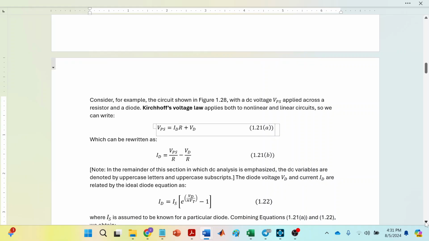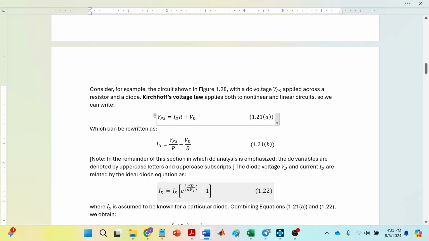So we already know the IV characteristics of a diode. The ideal IV characteristics of a diode is given by this equation, which we talked about in the last class.